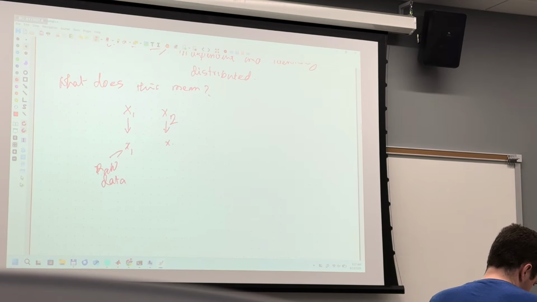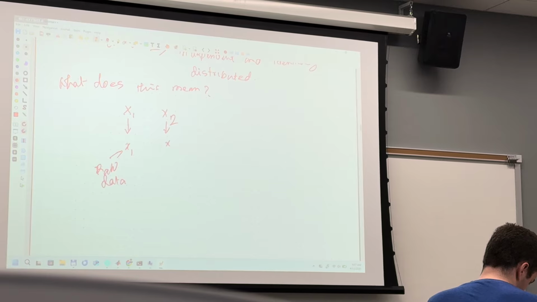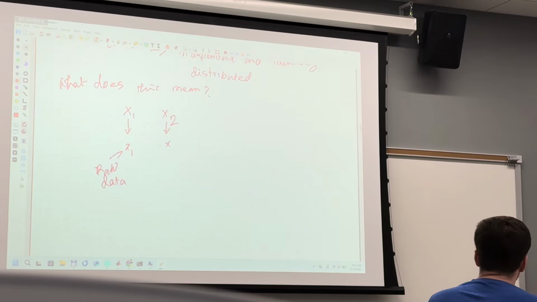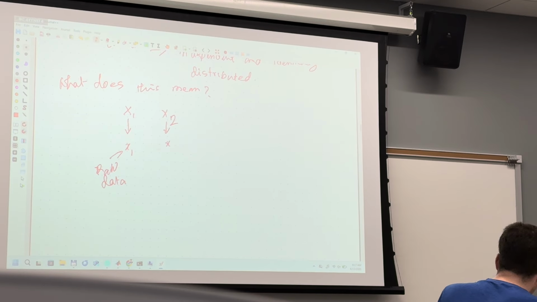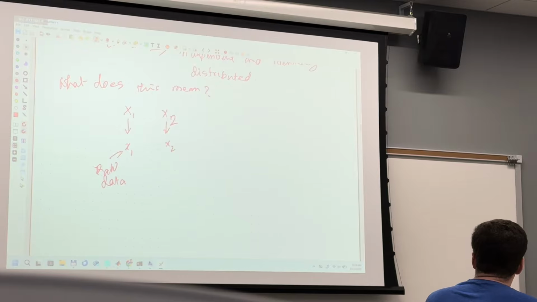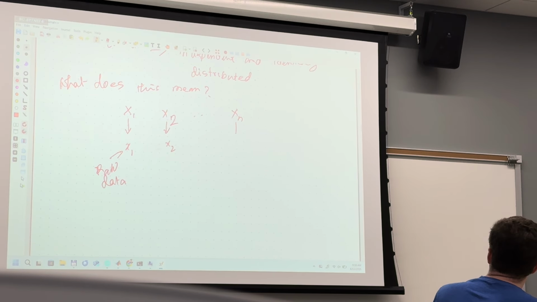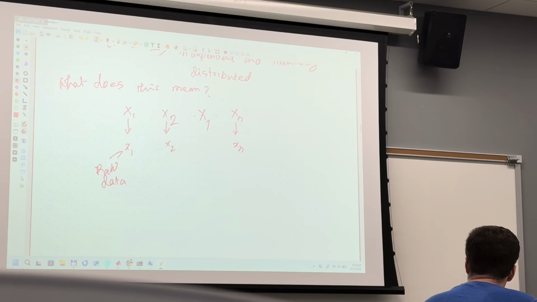When you take the measurement, that time you know it, but it could follow any distribution. So x2, and so on, up to x sub n. Let's have another random variable x sub j here. And here you have x sub j.